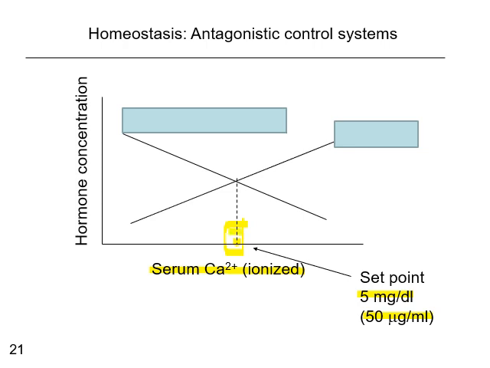So what hormones control serum calcium? What goes in here and what goes in here? What hormone is stimulated by low serum calcium and would tend to bring serum calcium up? What hormone is stimulated by high serum calcium and tends to bring serum calcium down?